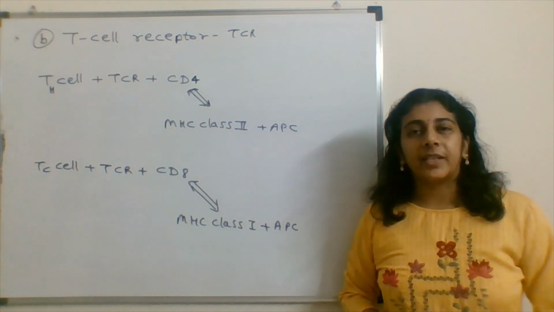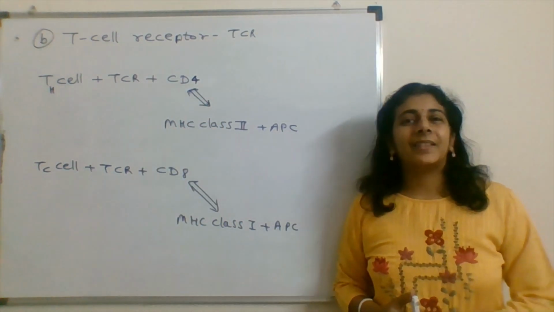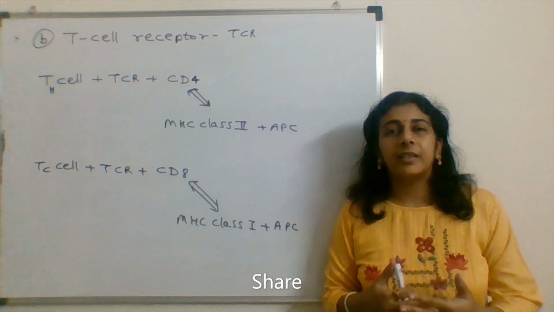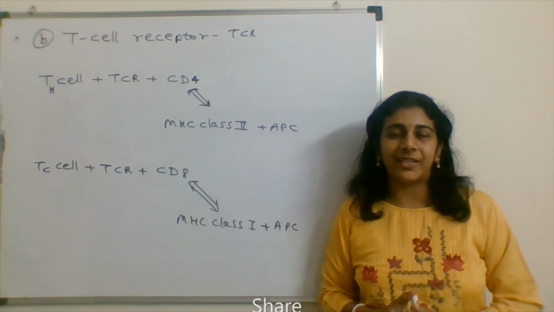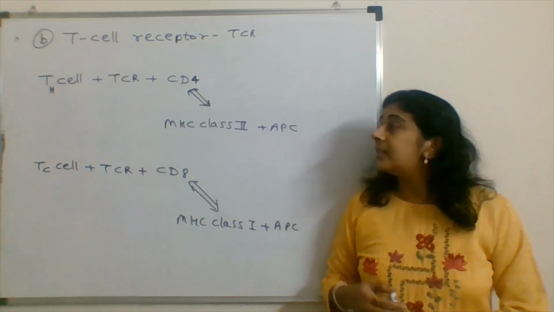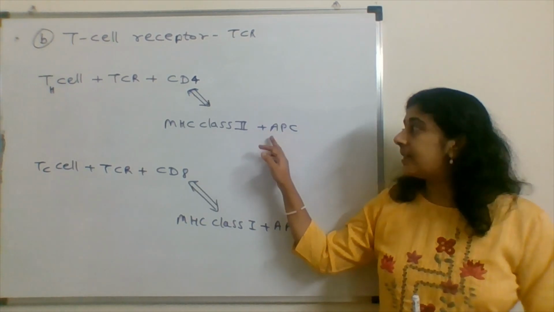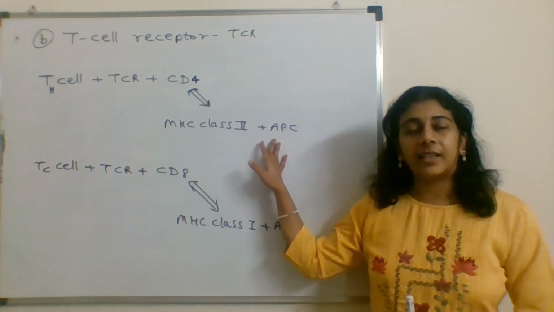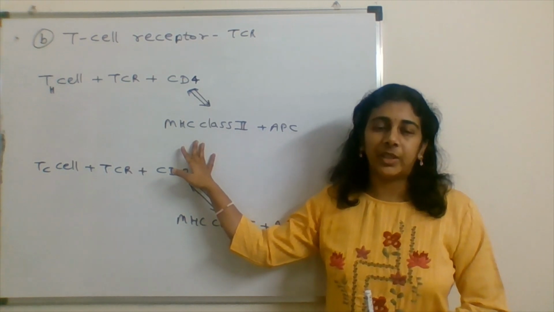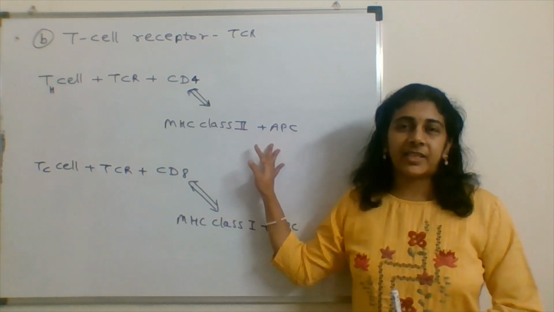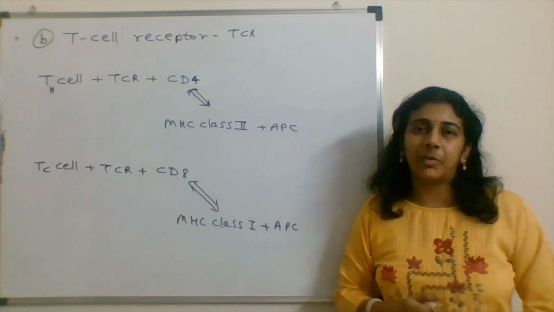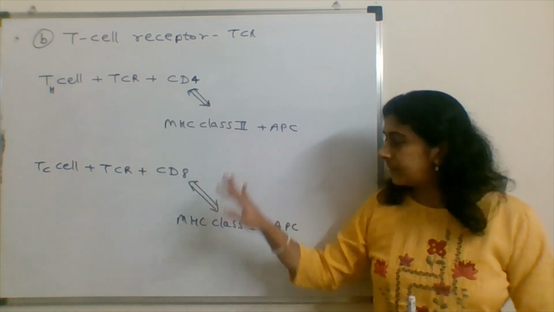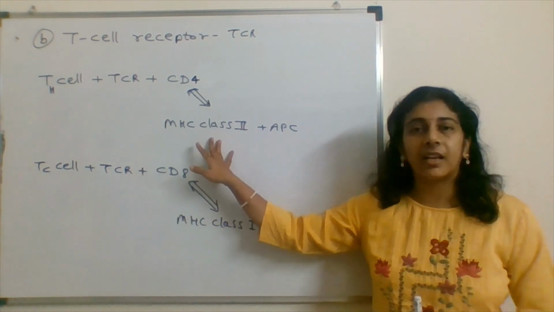Now, what about the presentation? This TCR cannot recognize antigen by itself. It needs some presentation of antigen to it. For this presentation, there are antigen presenting cells, which have self MHC molecules on their surfaces. That can be MHC class 1 or MHC class 2.